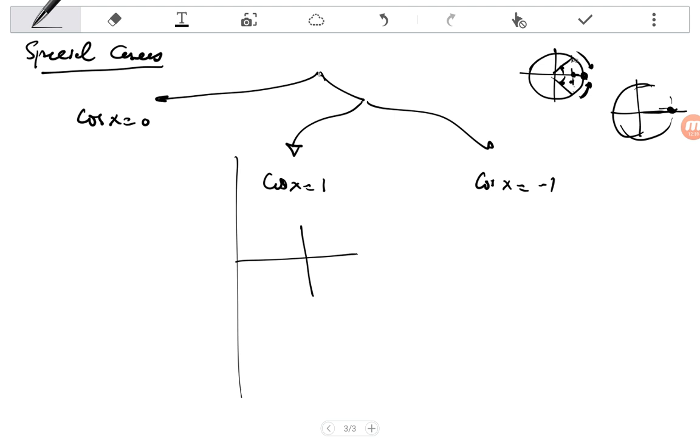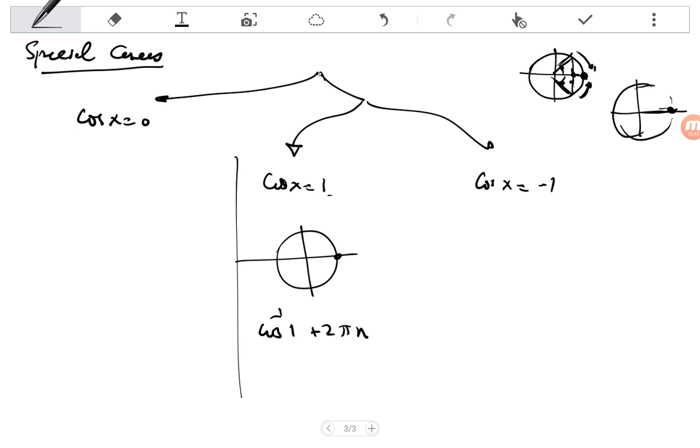For a number like this alpha, we'll just have these two angles. But when you move that alpha until it becomes 1, the two basic angles will merge until they become only one basic angle. So in this case, if you have 1 or negative 1, we will just have one basic angle, which is exactly cosine inverse of 1.